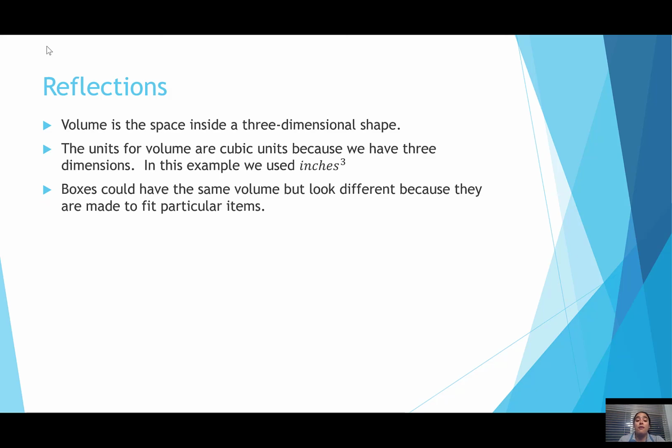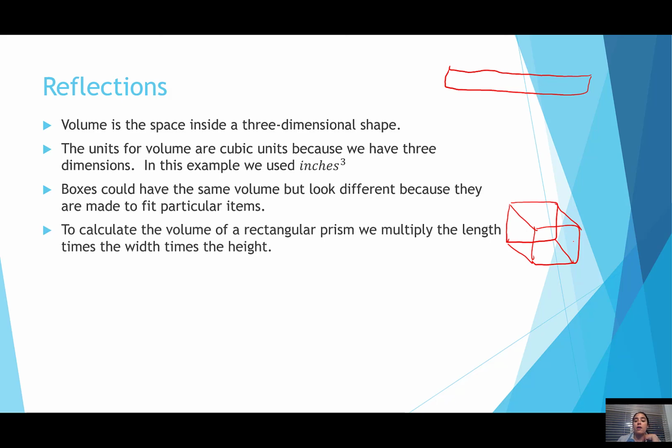Boxes could have the same volume but look different because they are made to fit particular items. So it's the way that it's spaced out. Like in my example, I had one really long box this way, which was the width, or I could have a box that's like I drew before, shorter but fatter, so it could hold more things.